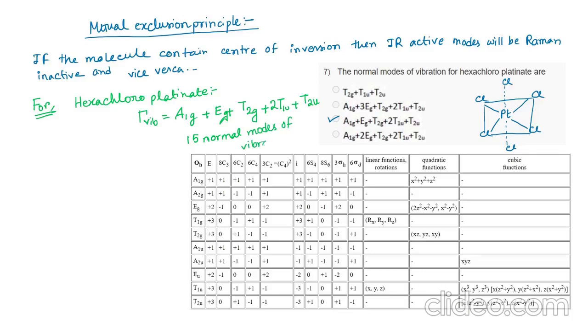But if you see the IR activity and Raman activity, this is a centrosymmetric molecule, contains a center of inversion, right? So see, your A1g plus 1, it has actually x square plus y square plus z square, quadratic function.